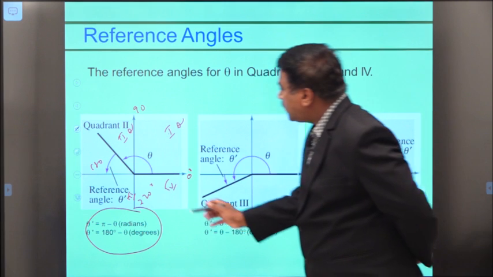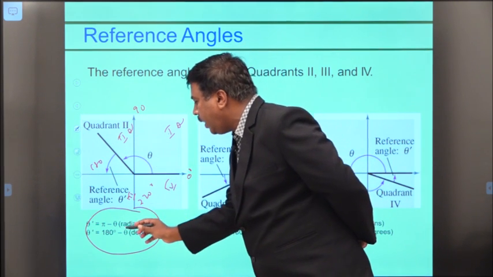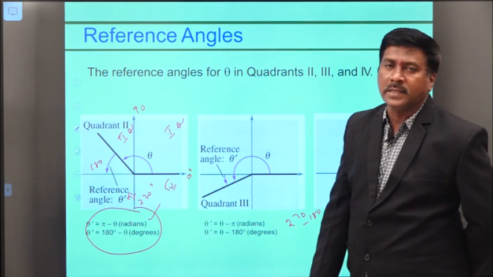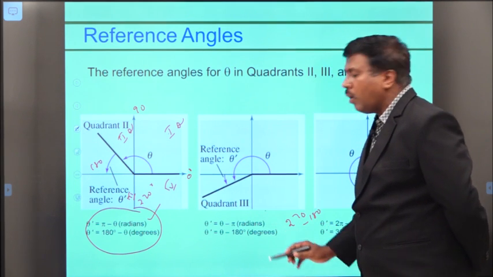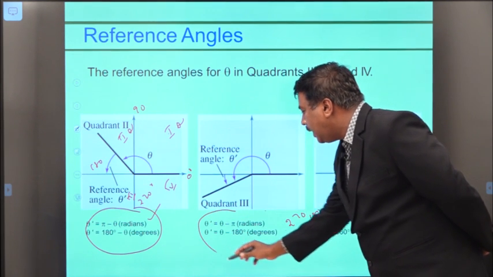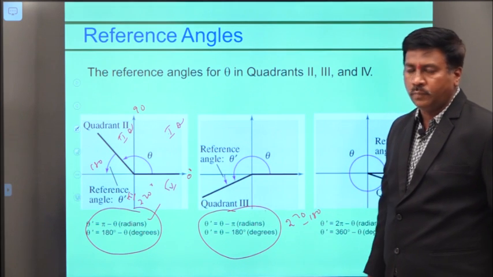Please note this. If the angle lies in the second quadrant, then for finding the reference angle, theta dash is equal to pi minus theta. If the angle lies in the third quadrant, then for finding the reference angle, theta dash is equal to theta minus pi. Please make the difference between those two.